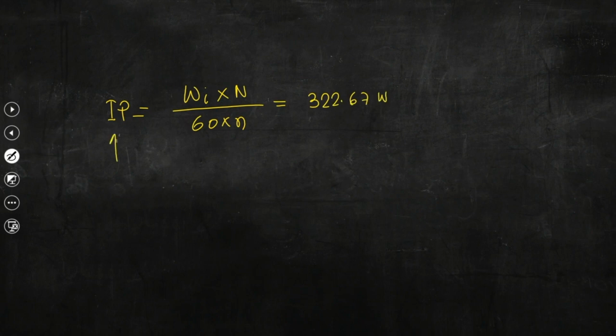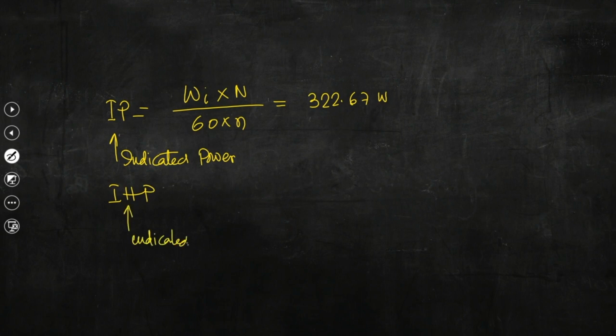This is the indicated power. And I can write indicated horsepower, which would be less than this, 4.302 horsepower.